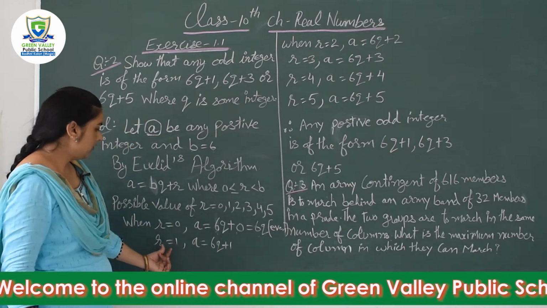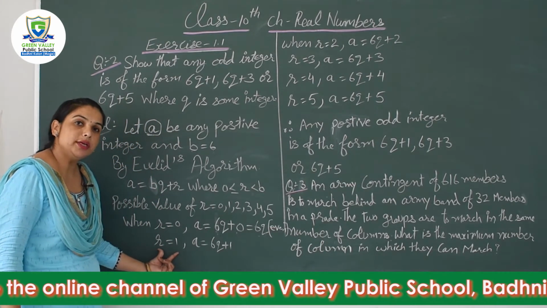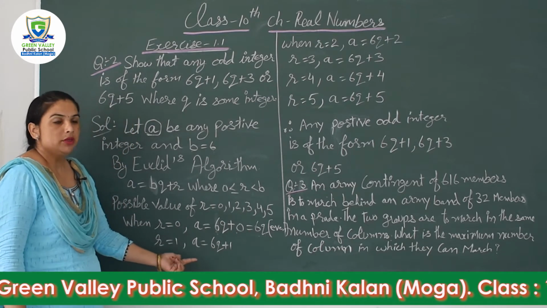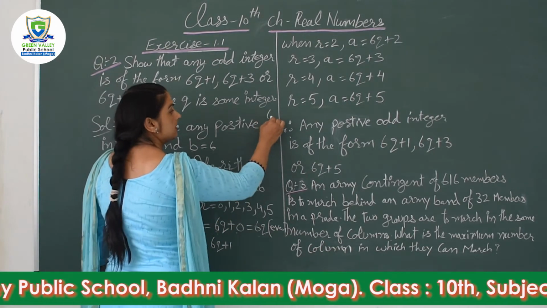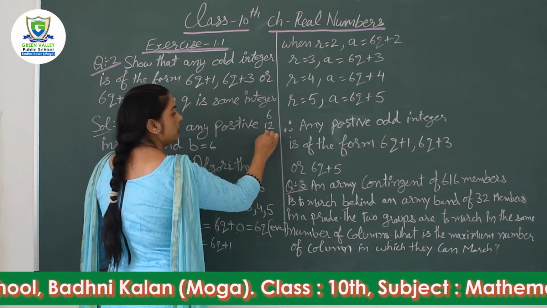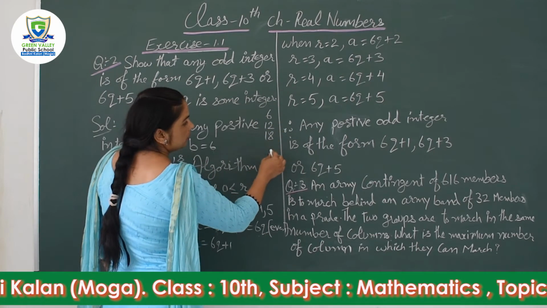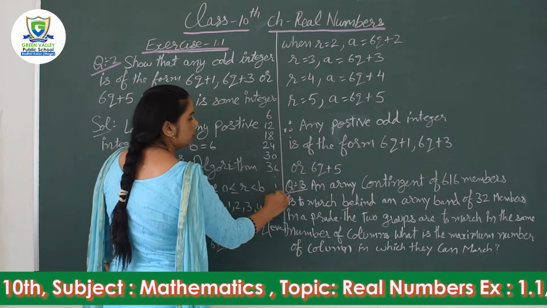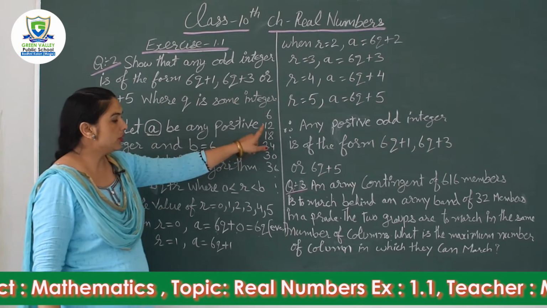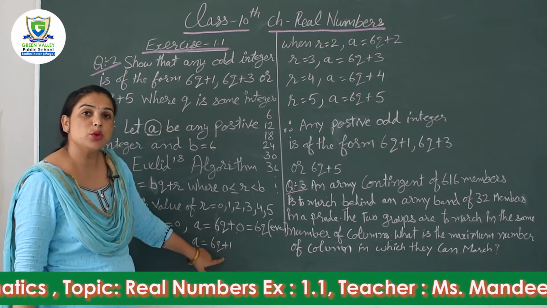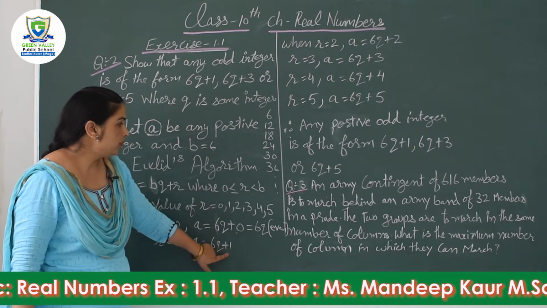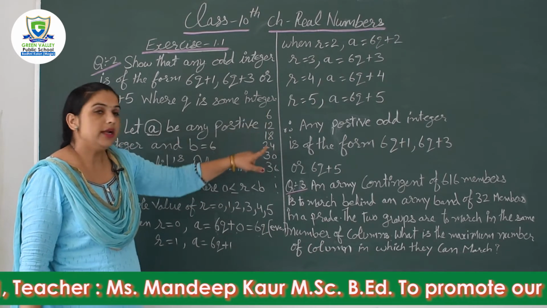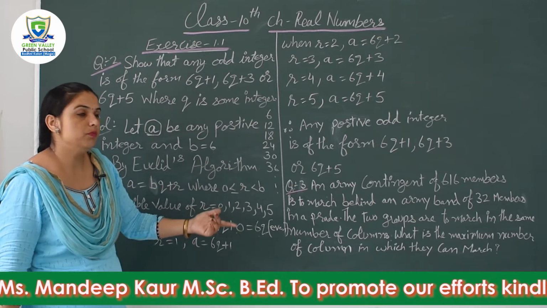And if I substitute r value as 1, then it will become 6q plus 1. Here, if we take the 6 table, 6 ones are 6, 12, 18, 24, 30, 36, and so on. So here, if you check, student, we have 6q plus 1. 6q means the multiple of 6, and if we add 1 to that, what does it become?